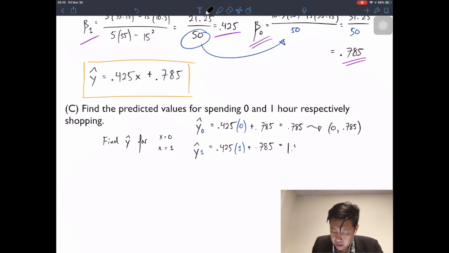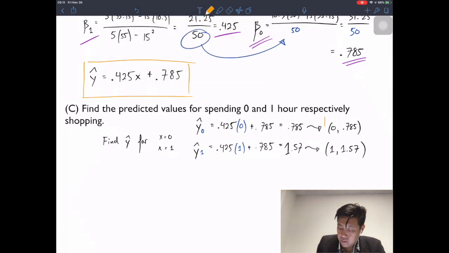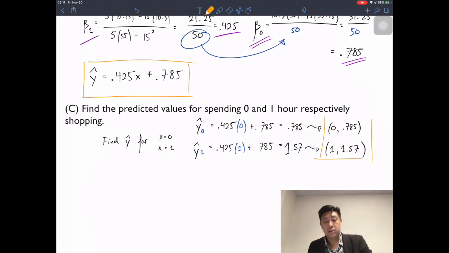Again, I would take the time to write this as 1 comma 1.57. So those are the numbers right there. They're simple calculations. This is the traditional where you're given an equation and given points and you plug it in and you get the value.